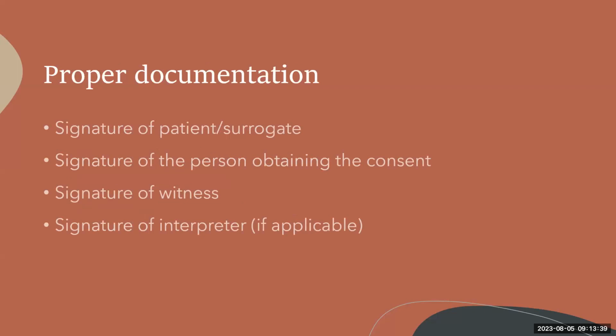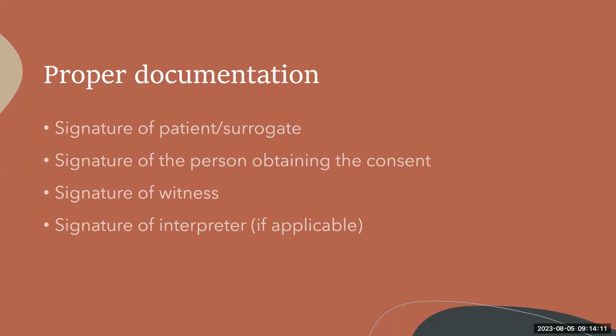And the last part is proper documentation. So this is more of a legal requirement. You need to make sure that you have the patient's or the surrogate's signature to signify that they are authorizing you to proceed with the procedure. Your signature needs to be on there. Usually the person who is obtaining the consent, or most of the time the person who is performing the procedure, needs to sign the paperwork.